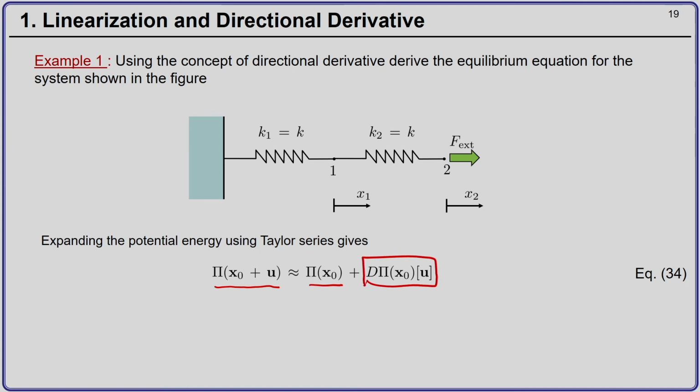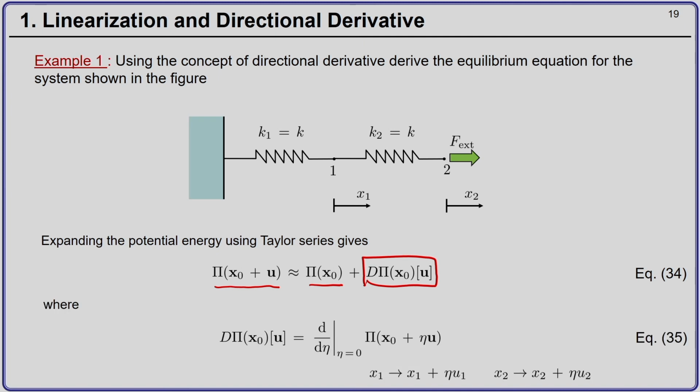Therefore, you can use the concept of directional derivative, and this is the expression for how you compute it. It is given by d by d eta at eta equal to 0 of pi of x0 plus eta u.